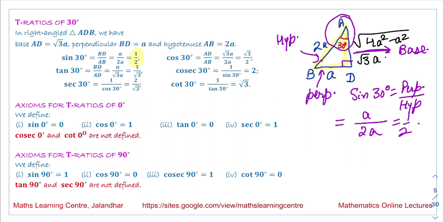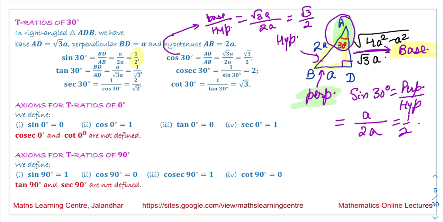It is important to see over here that now the base is this and the perpendicular is this BD, because the angle is this 30 degree A we are talking about. Similarly, what is the value of cos 30 degree? Cos 30, the formula is base over hypotenuse. Now the value of base is root 3a, and the hypotenuse is 2a. So the answer we are getting is root 3 by 2.